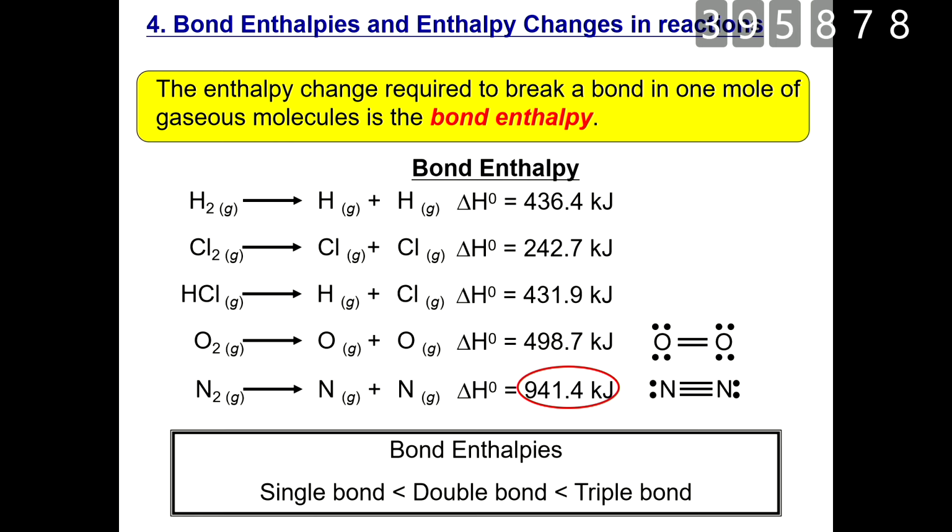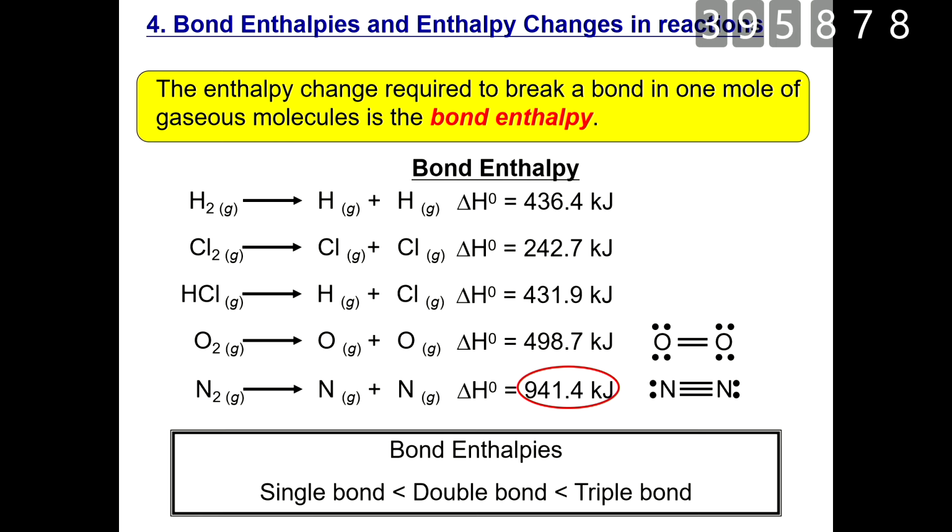Here we show the bond enthalpy for H2, hydrogen chloride, and these kinds of gases. So what does this mean? For example, for hydrogen, H2, if we break the bond, you will need to provide 436.4 kilojoules.